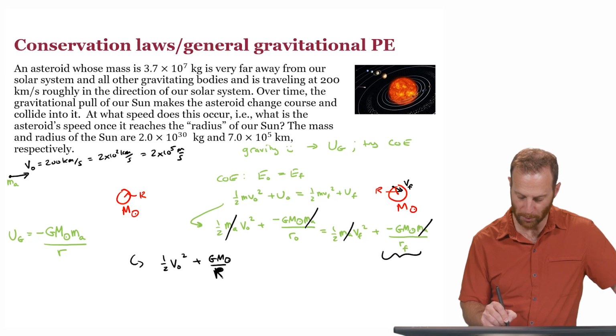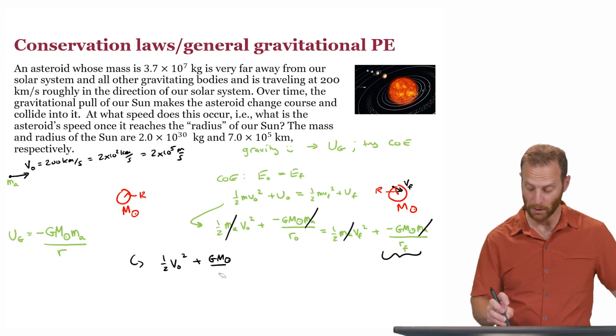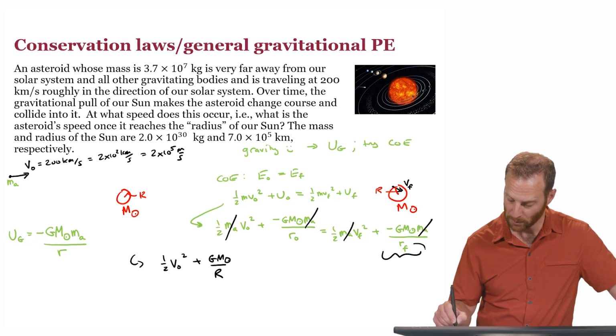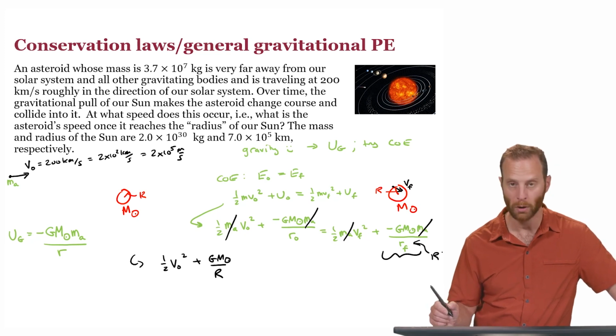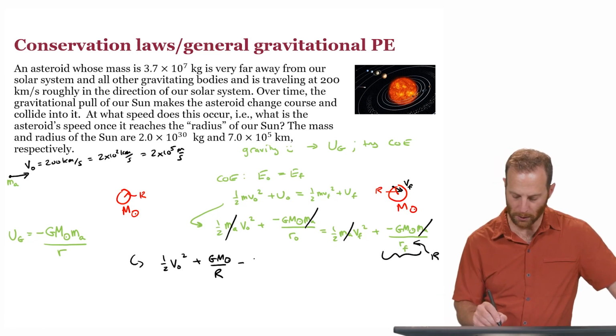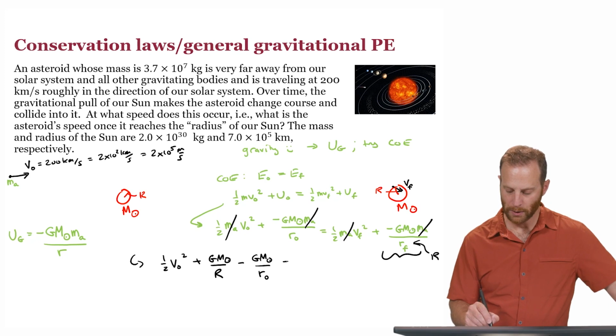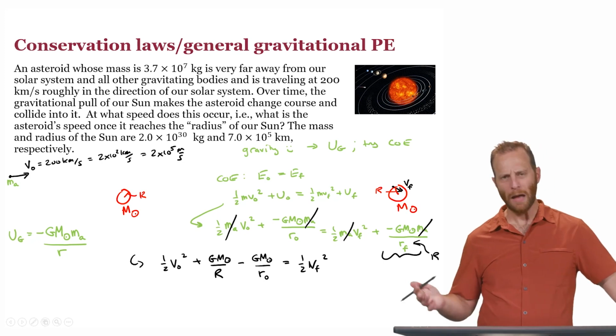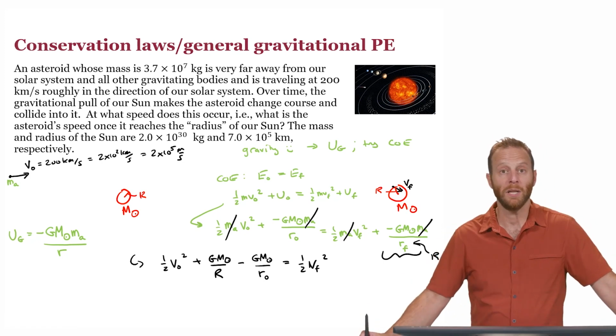I'll put the final position as r, the radius of the sun. I'm making that substitution. And subtract off G mass of sun divided by its initial distance, and that will be equal to 1/2 times the final speed squared. What value are we going to put in for r naught, the initial position?